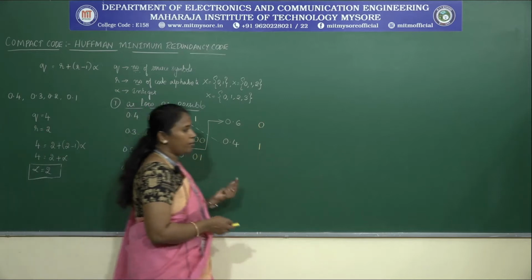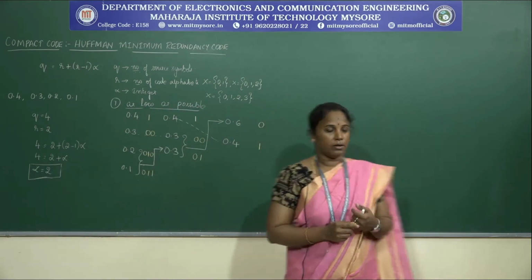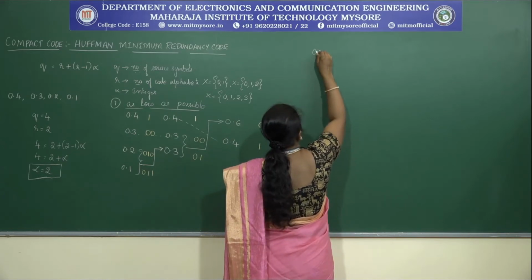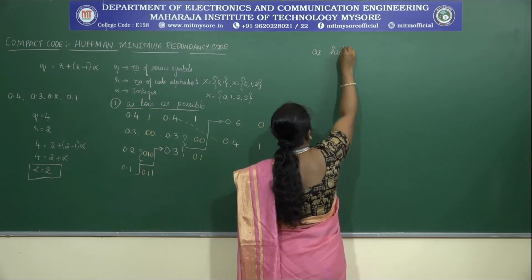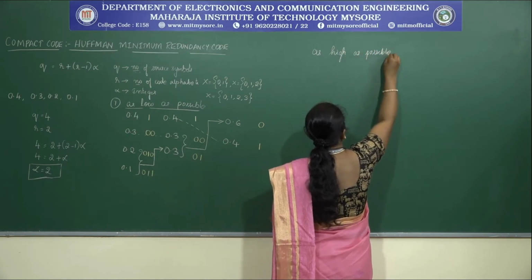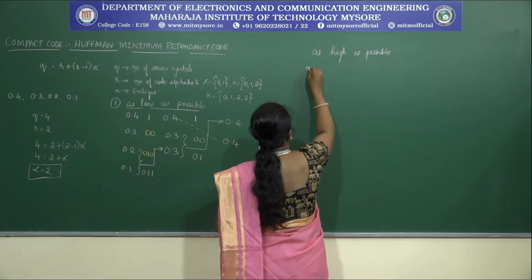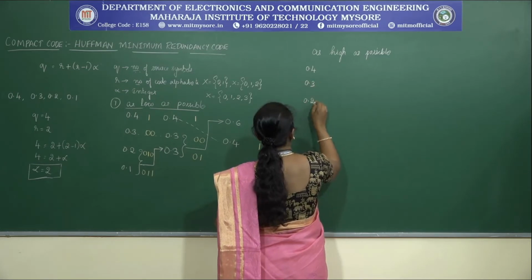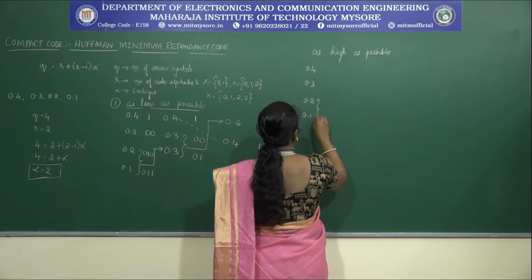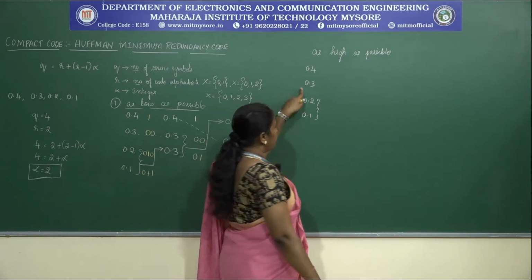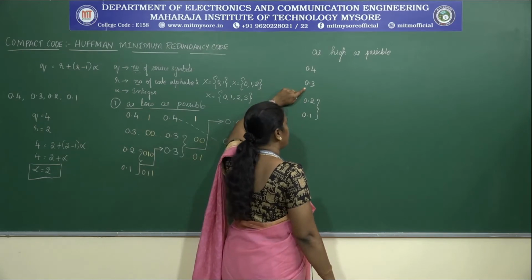Similarly, we have one more condition with respect to Huffman coding, which is called as high as possible. We will consider the same source symbols 0.3, 0.2 and 0.1. When we combine these two probabilities, we get the sum as 0.3. But the probability of the next source symbol is also 0.3.